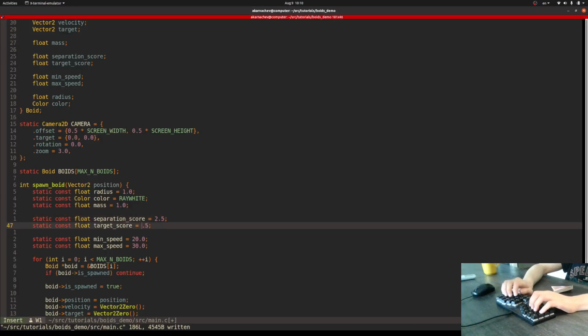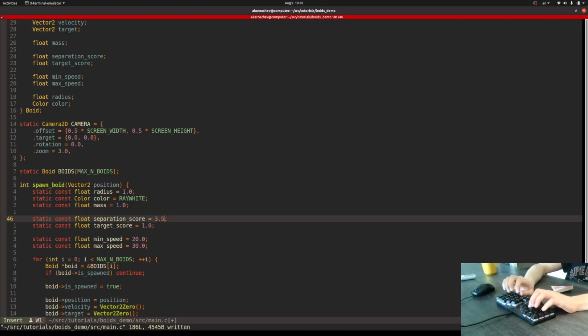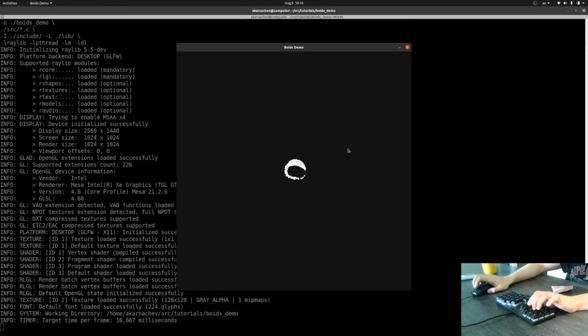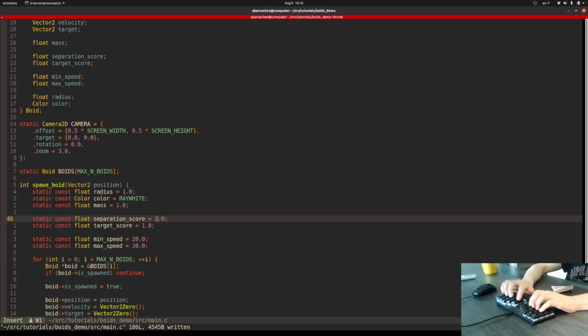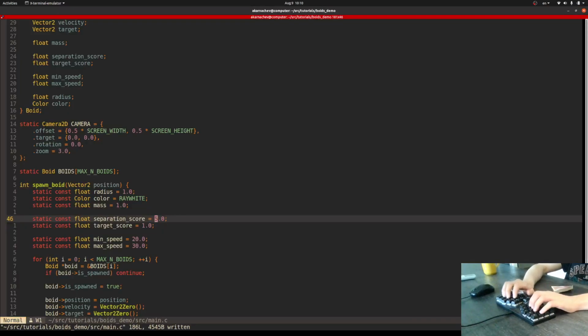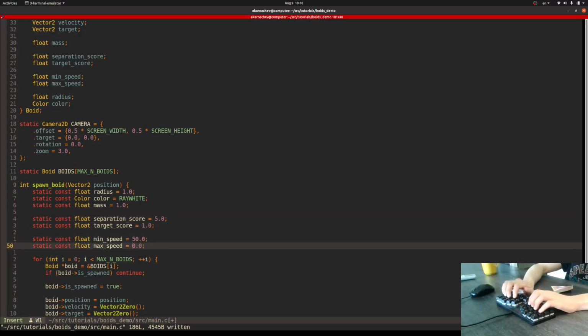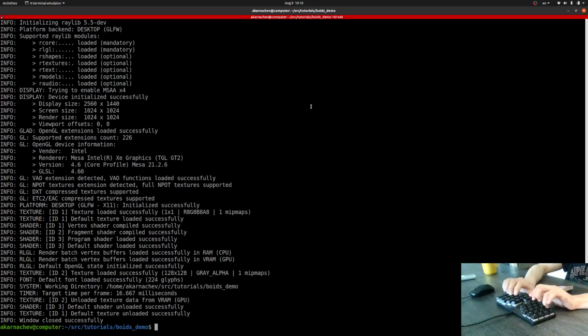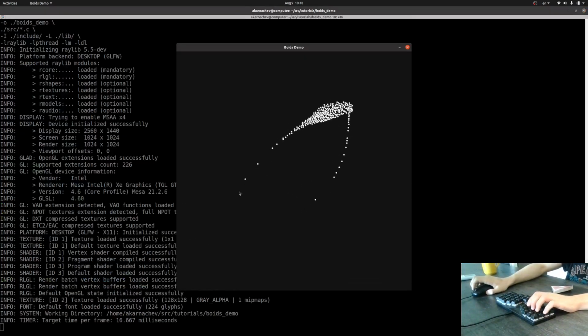Let me try 1 here and even 3 here. Five here. Yeah, let's keep it 5 for now. Okay. Let's maybe increase minimum speed, maximum speed. Yeah. Now I like it.